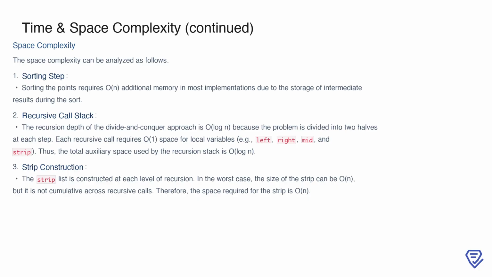Lastly, the strip construction at each level of recursion requires n space in the worst case, as the strip could potentially include all points. However, this strip space is not cumulative across recursive calls. Therefore, while sorting and strip construction each require n memory, the recursion stack adds only log n.